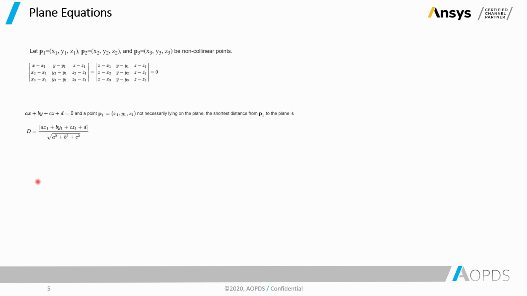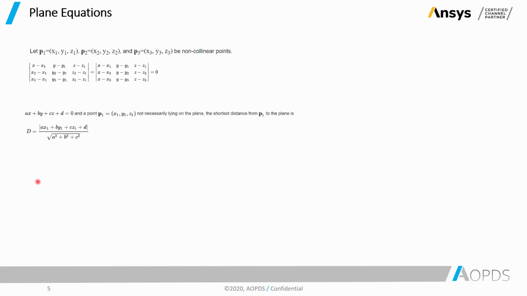If we have a point in space and we want to know the distance between that point and the plane, then we can use this formula to calculate that distance.